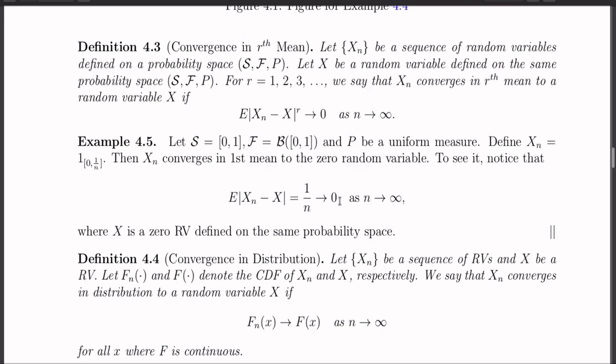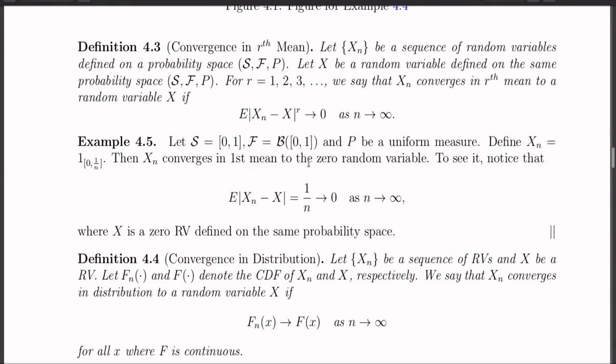That implies that Xn converges to 0 in first mean. Clear? So that means this random variable Xn, which is 1 on the interval 0 to 1 by n and 0 otherwise, converges to 0 almost surely, converges to 0 in distribution, and converges to 0 in the first mean.